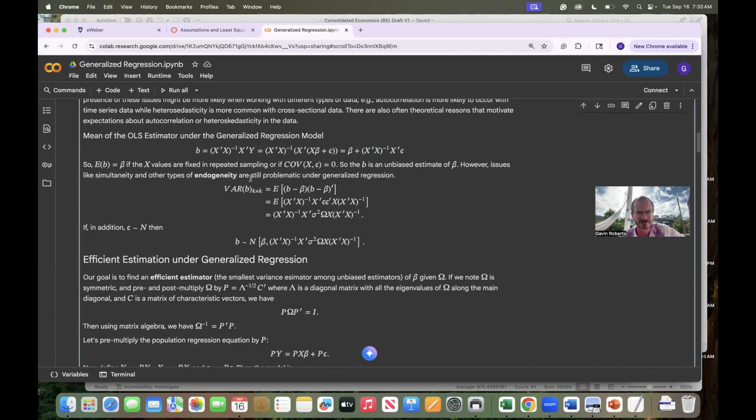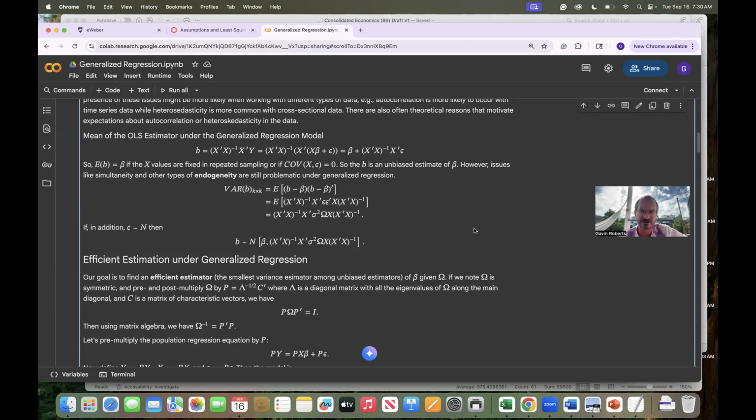So either the average of the error terms is zero or the covariance between x and the error terms is zero. And then that's going to cause this to be unbiased. So that's going to cause this to go to zero. So that means our expected value of b is going to be beta.